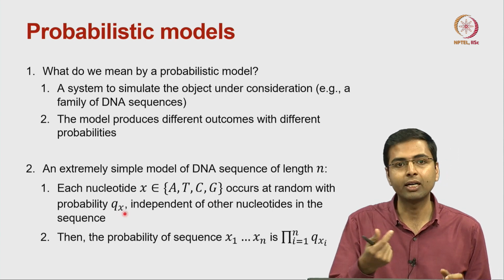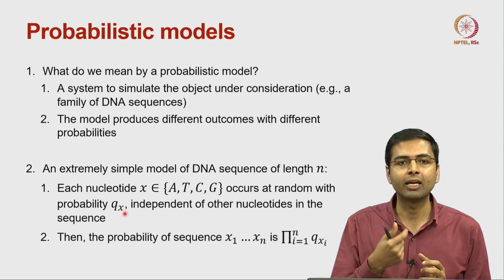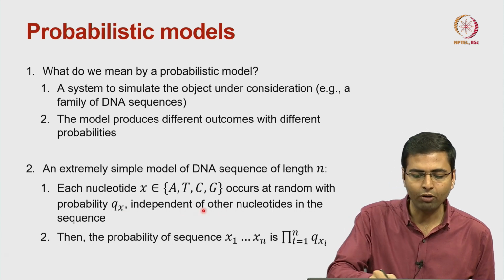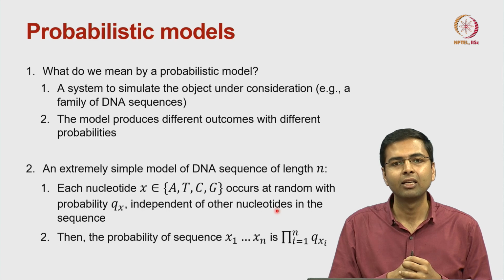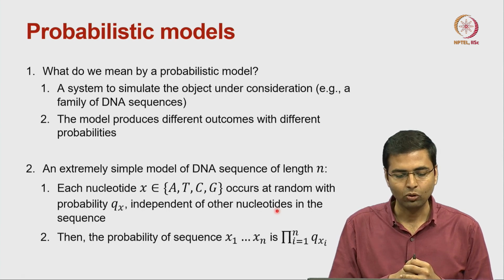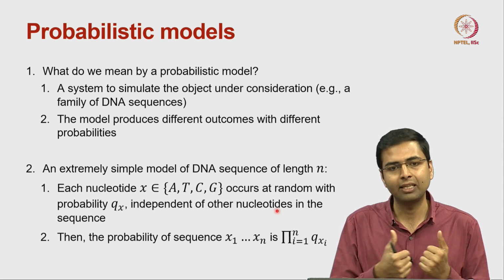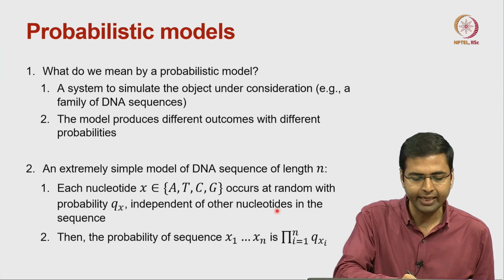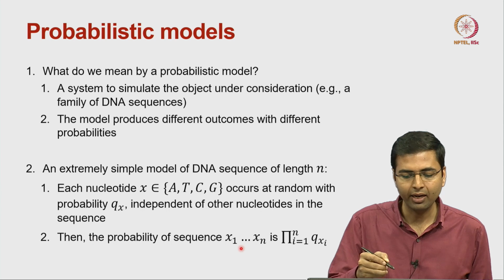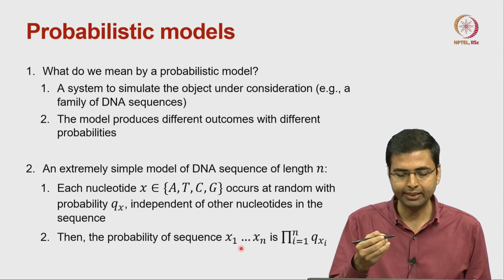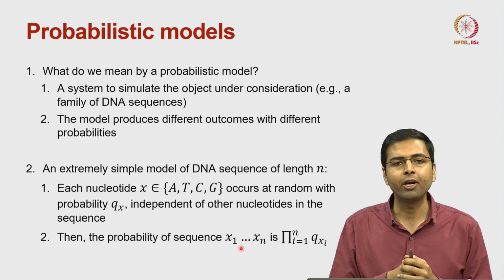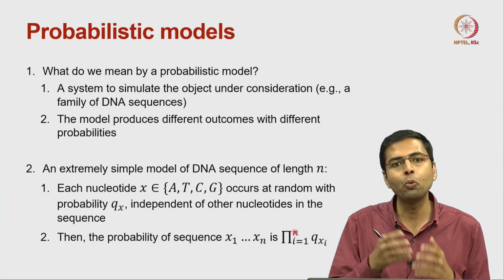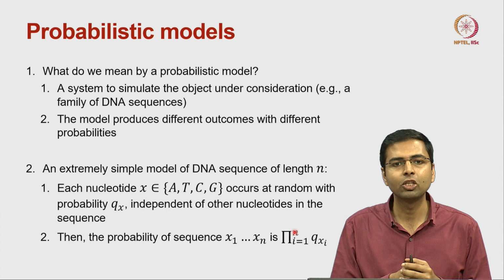So A would occur with probability Qa, T would occur with probability Qt and so on, and they occur independent of other nucleotides in the sequence. Then under this model we can say that the probability of sequence x1 up till xn is simply the product of the probabilities, that is Qx1 times Qx2 until Qxn.